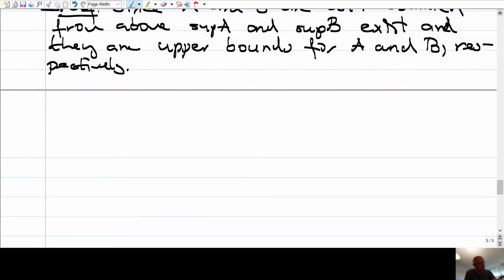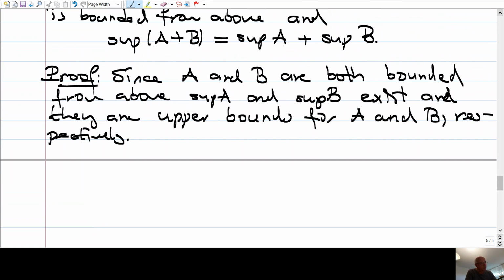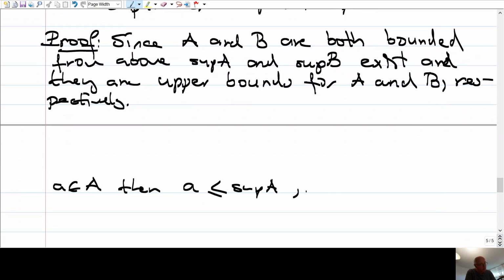In other words, if a is in A, then a is less than or equal to supremum of A, and if b is in B, then b is less than or equal to supremum of B.